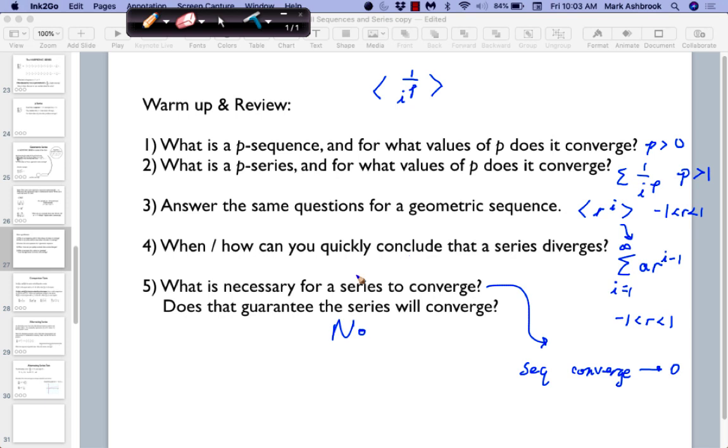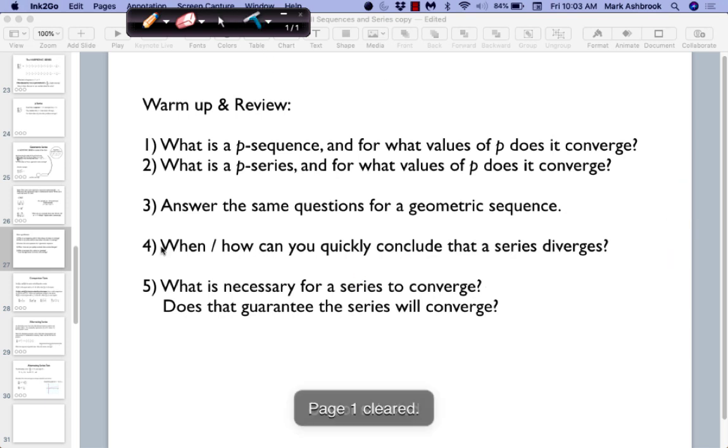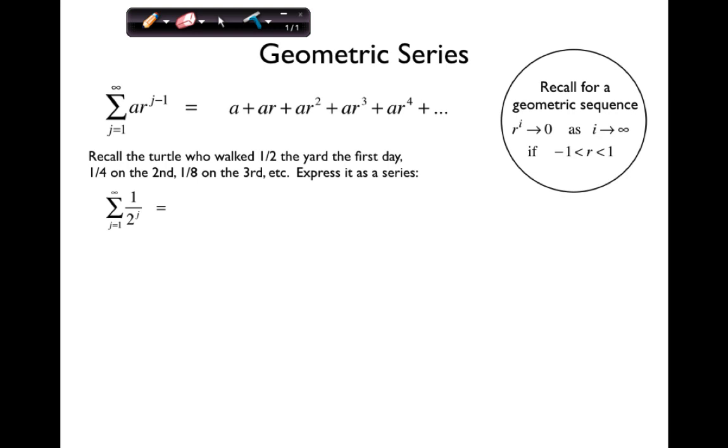All right, so let's look at some more geometric series. We just kind of rushed that at the end. Remember we looked at this example, the turtle example, always walking half as far as the previous day. We said that this is the same as 1/2 to the j.